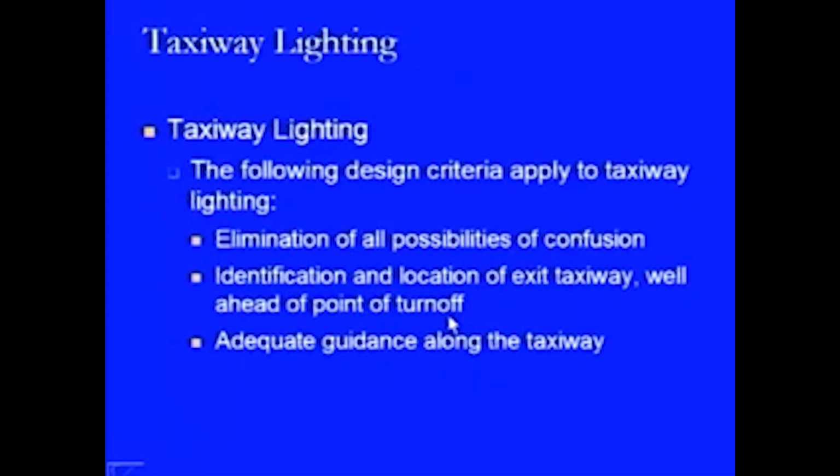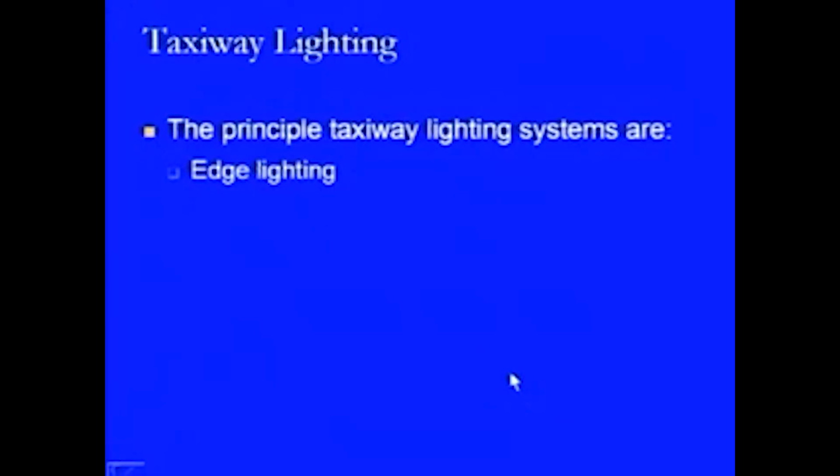That is another important thing for the landing aircraft. Adequate guidance along the taxiway should be provided so that the aircraft can be moved in the direction towards the terminal apron. Then the principal taxiway lighting systems are the edge lightings and the center line lighting.